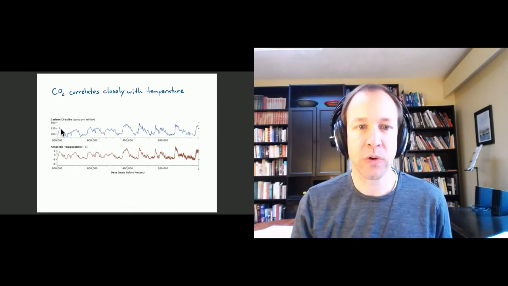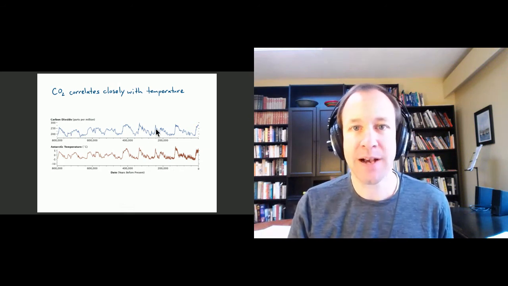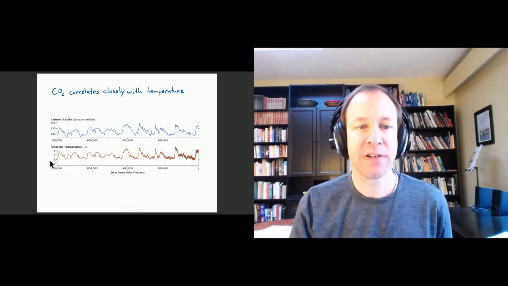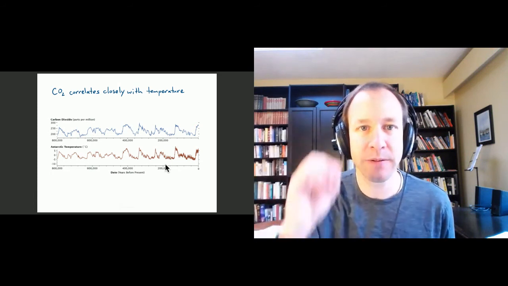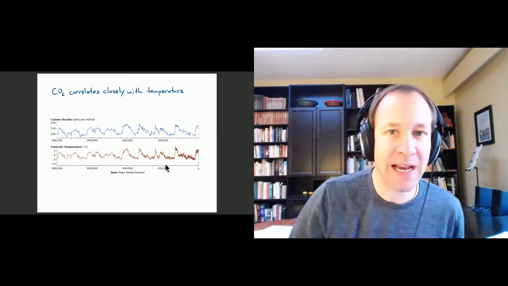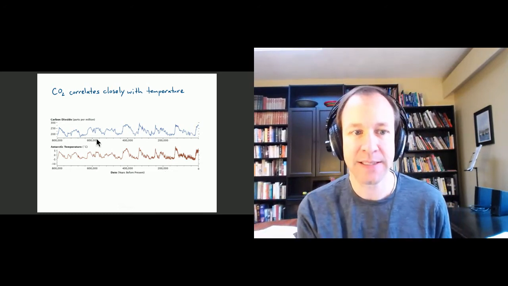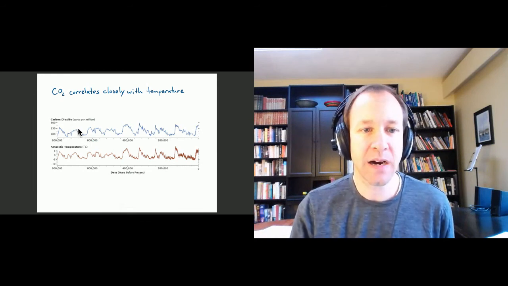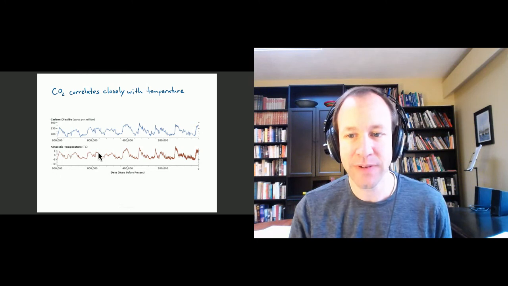Okay. So if you look historically at carbon dioxide concentrations and you compare those to historical temperatures, both of these things are deduced by drilling down into the ice in the Antarctic and looking at properties of the ice. So you can correlate the carbon dioxide concentration with the temperature, and you see that it's very, very closely correlated.